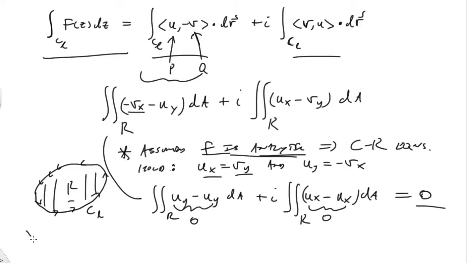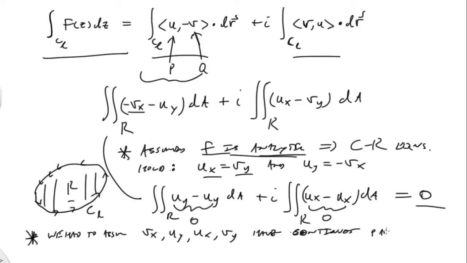So, just one little caveat here. We had to assume that Vx and Uy and Ux and Vy have continuous partials.